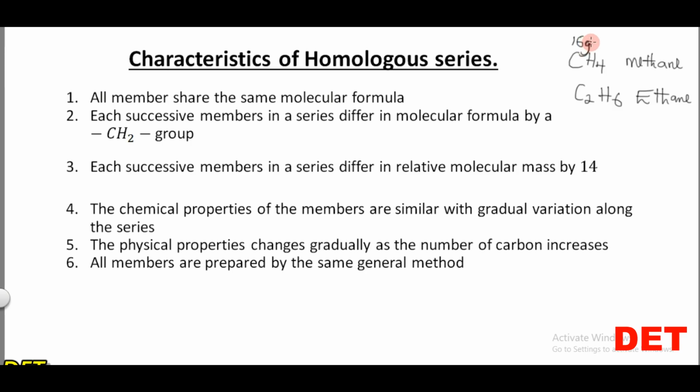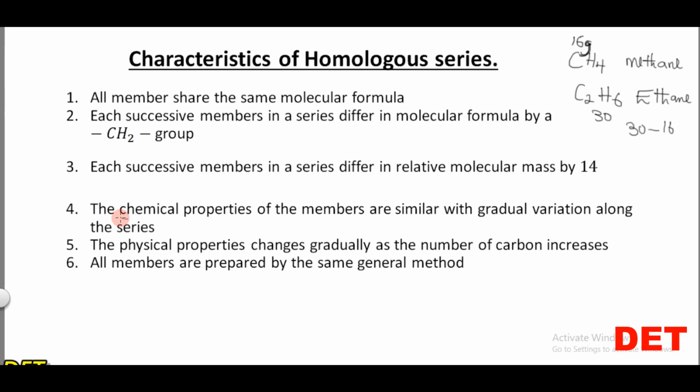If you look at ethane, when you calculate the relative molecular mass of ethane, you are going to have 30. So 30 minus 16 will give us 14. So each successive member in a series differs in relative molecular mass by 14. Very important.